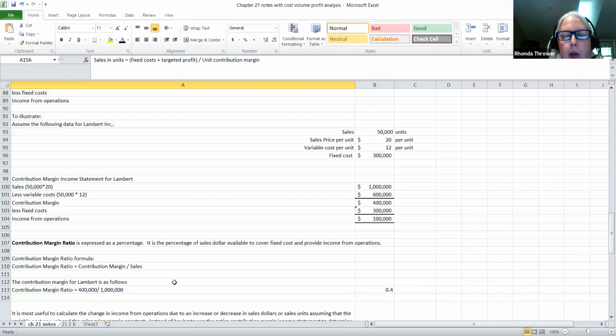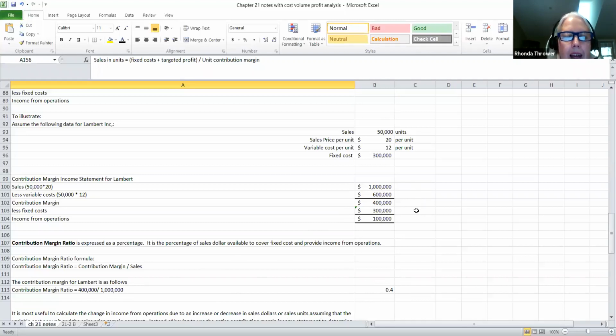If we divide it by $1 million in sales, that will give us our contribution margin ratio. The contribution margin ratio for the Lambert Company is 40%. So contribution margin divided by the sales will give you 40%.